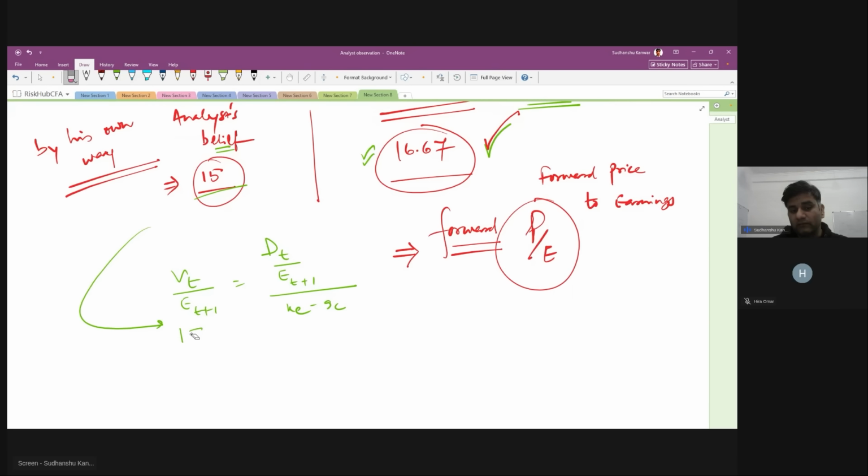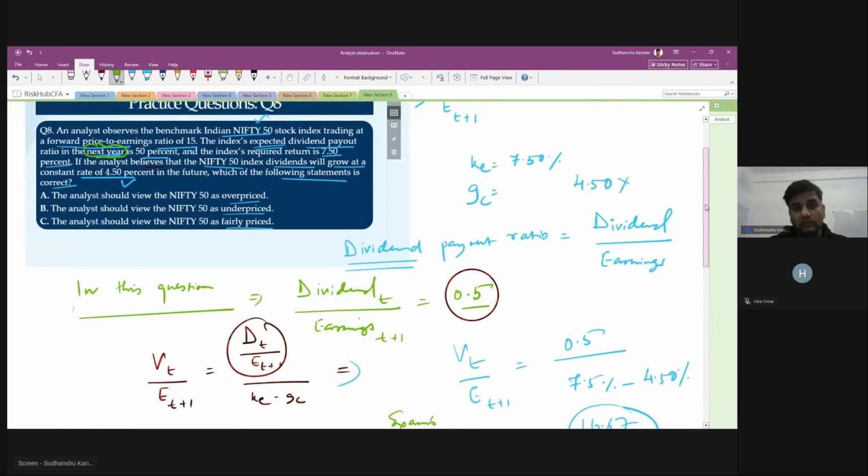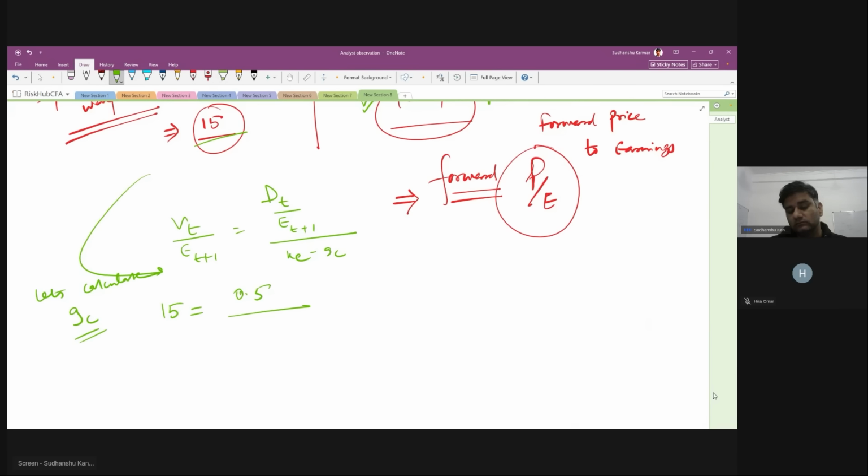So what I'm doing is, let's see what the analyst is saying. The analyst is saying 15, and I'm putting the same value. Let's calculate GC, the growth part, using your analyst forward price to earnings.